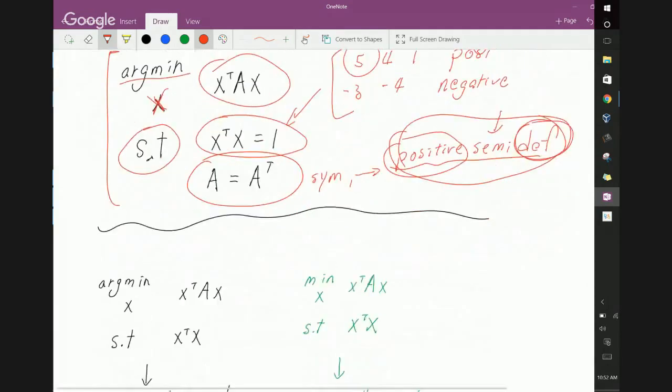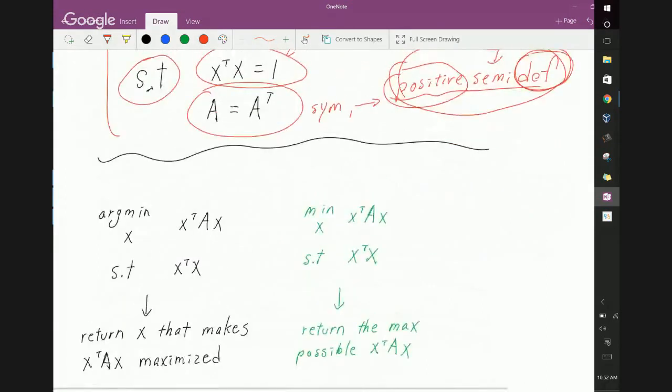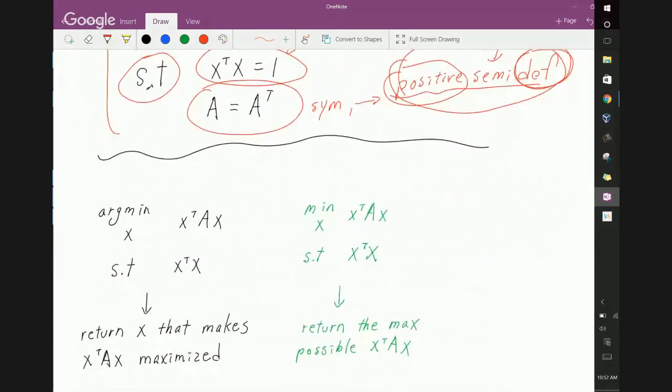A very quick word on notation: if we have min versus argmin, you will see people use the two of them interchangeably. Very often people just use whatever they feel like using, and that's fine. It doesn't really matter that much, because they basically mean the same thing.